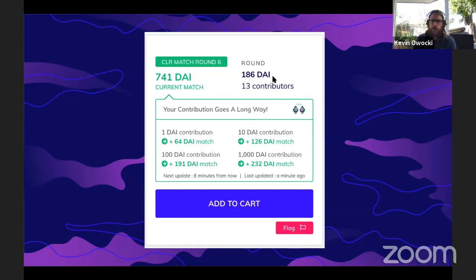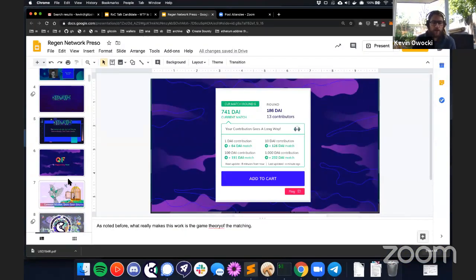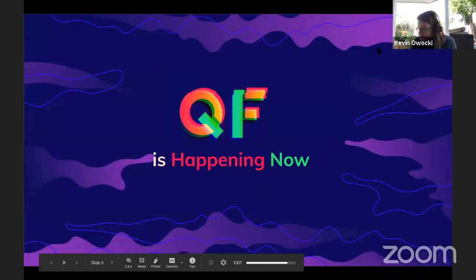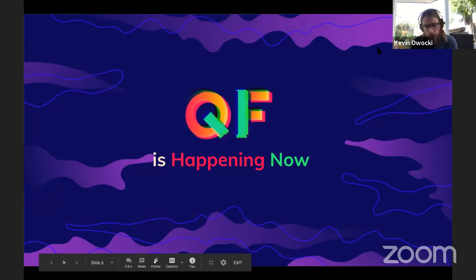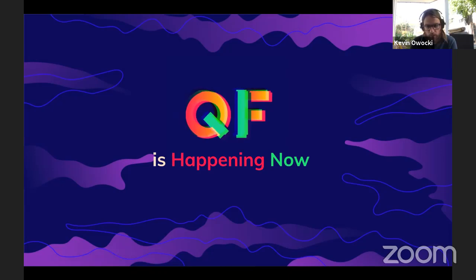So it creates this interesting effect in which a $1 contribution can get $64 in matching. That's a really powerful psychological barrier to get people past in order to contribute to open source software, because they're actually having such a large impact with their contributions.